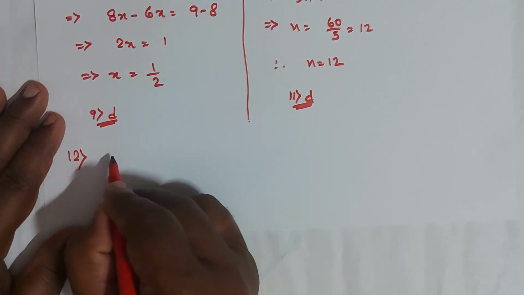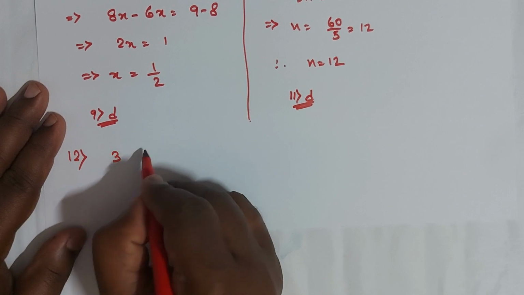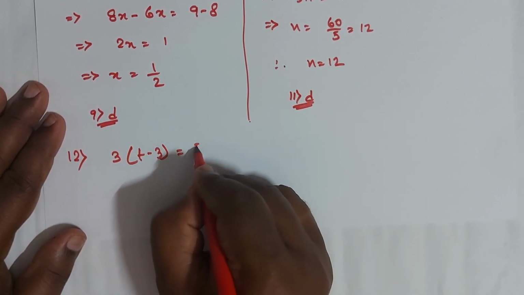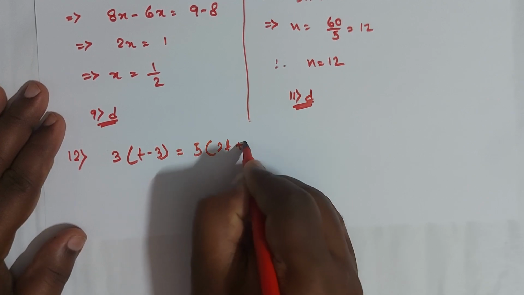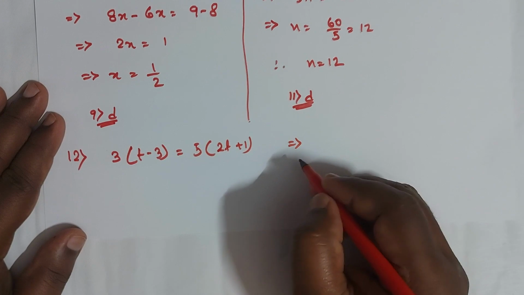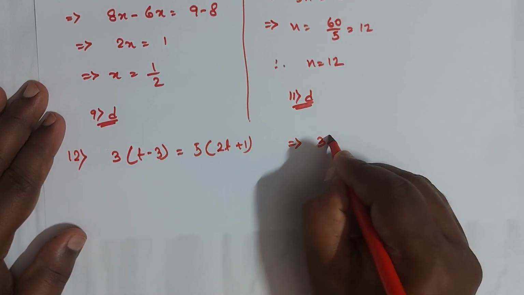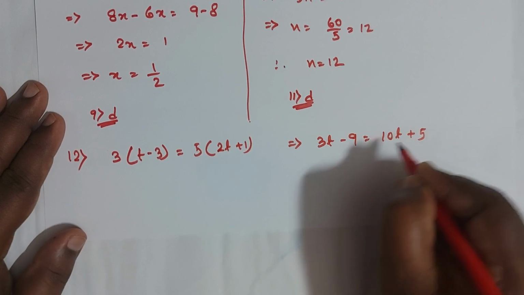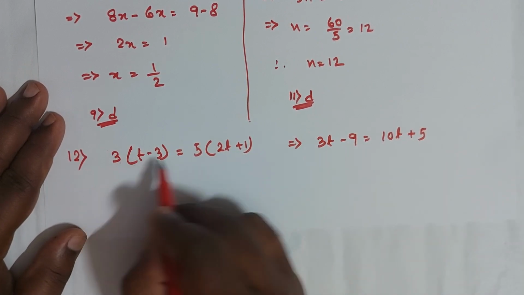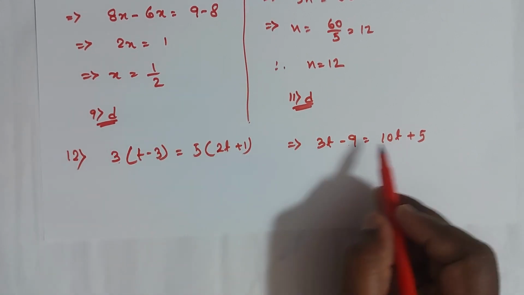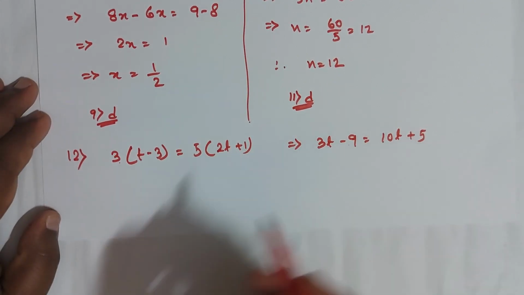Three into t minus 3 is equal to 5 into 2t plus 1, find the value of t. Okay, so 3t minus 9 is equal to 10t plus 5. We just multiply 3 into t, 3t, 3 into minus 3, minus 9, 5 into 2t is 10t, 5 into plus 1 is plus 5.